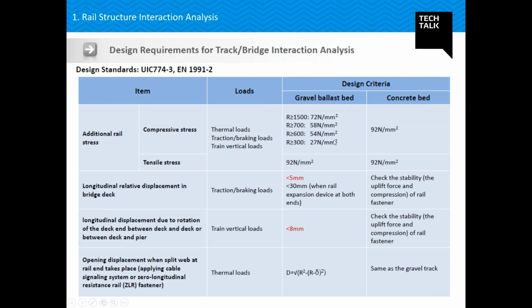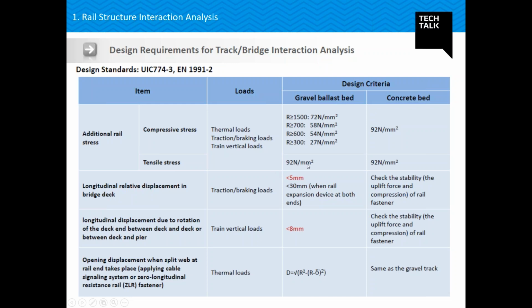UIC guidelines tell us, for concrete bed and for ballast bed, the tensile strength is 92 Newton per mm square, and for compressive stress it specifies 72 Newton per mm square. But as per the IRS guideline, these strengths have been revised: for compressive stress the strength is 60 Newton per mm square, and for tensile it is 75 Newton per mm square.